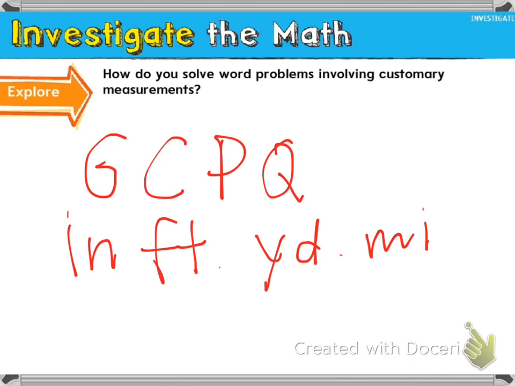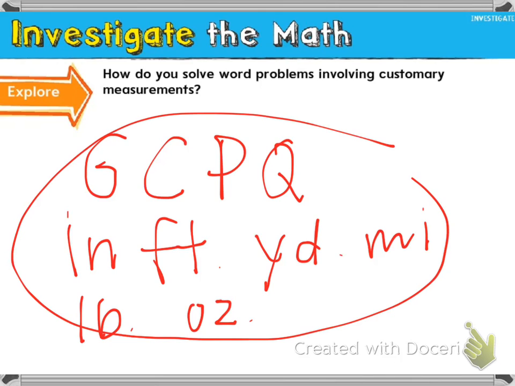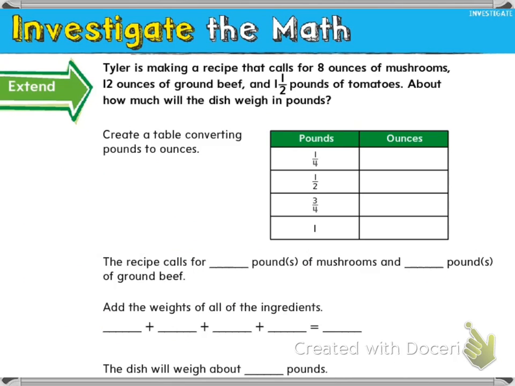We've got others too for weight, like pound, ounce. Okay, those are customary measurements. So anytime we have customary measurement, we need to still work with customary when we convert it, unless it's asking us to convert it to metric.